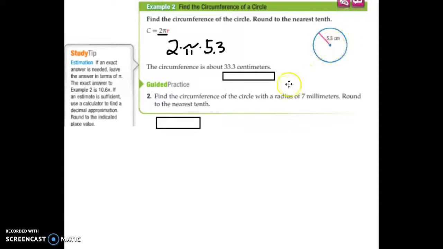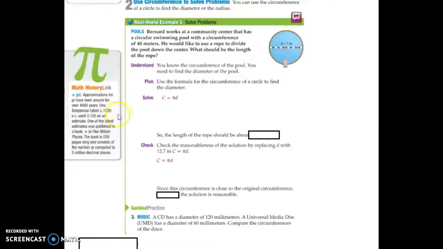I label centimeters. Okay. Guided practice, your radius is 7, which means your diameter is what? Well, it means your diameter is 14, so you do 14 times pi, and you'll get your answer, 43.96. So again, not too difficult a calculation today.